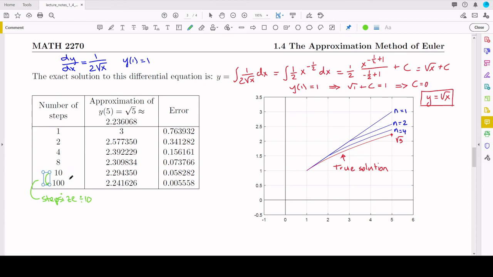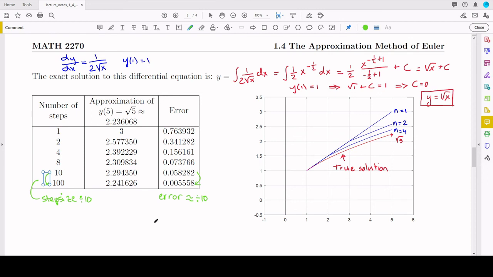If I take 10 times as many steps, then the size of each of those steps is only a tenth of the previous one. And what you notice here, hopefully, is that your error goes down from roughly 0.05 to 0.005. So what we see here is that the error also approximately gets divided by 10.